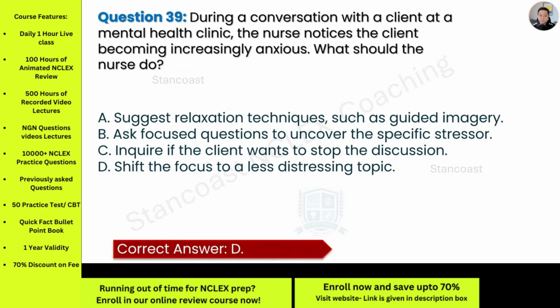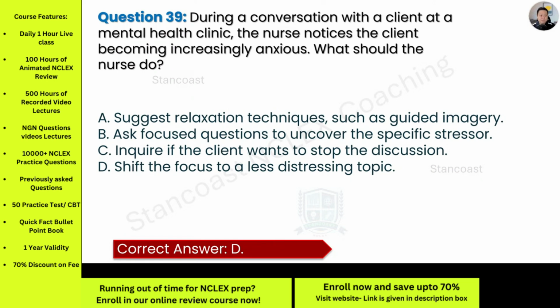You have to redirect the conversation to lower the anxiety levels by removing the focus from distressing topics. We know that probing further or abruptly stopping the session could heighten the discomfort, while relaxation techniques may not be effective at the moment.